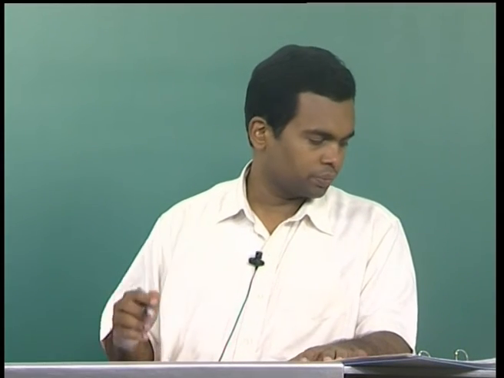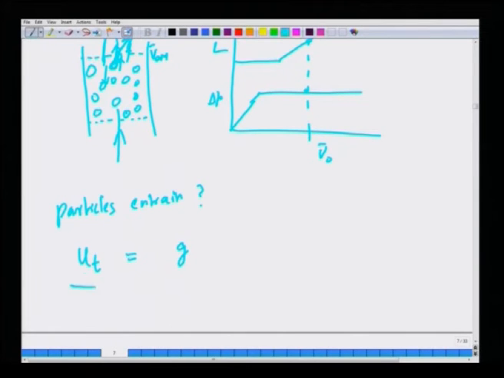So, what is the terminal velocity of a particle? That we know at low Reynolds number is g dp squared (rho p minus rho) by 18 mu. This we derived in the last lecture or the lecture before.